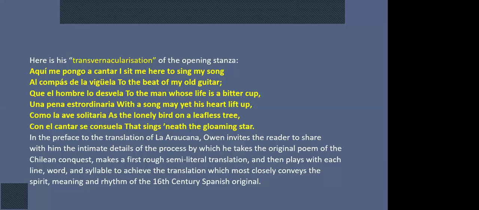So quite a challenge. And this is why this is known in very concrete, specific circles, because not everybody would like to read this information on how he proceeded to translate poetry.